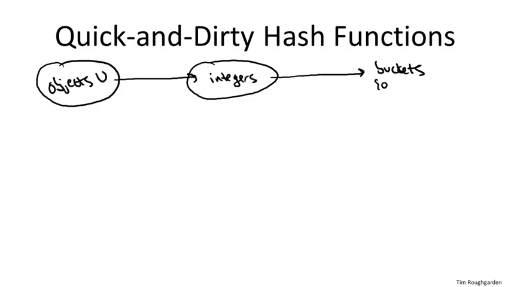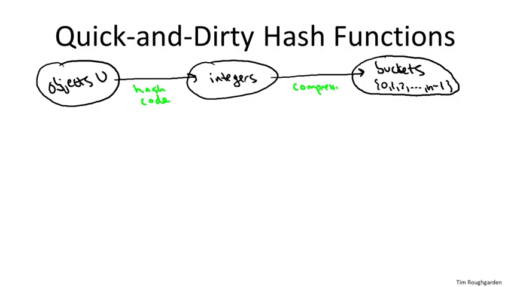Then you take the possibly very big number and you map it to a much smaller number, namely the index of a bucket. In some cases I've seen these two steps given names: the first step is formulating the hash code for an object, and the second step is applying a compression function.